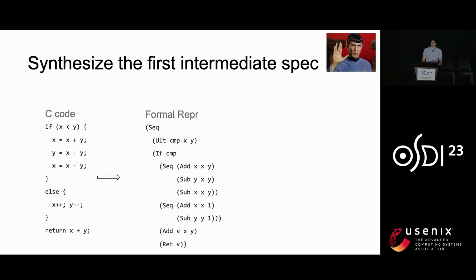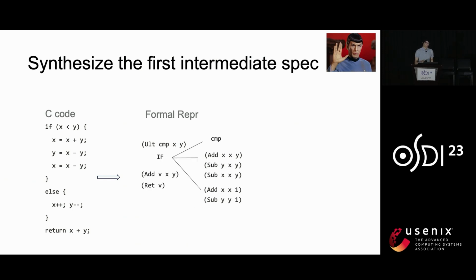But let's start from generating the first specification from the code. Assuming we already have the formal representation here, since the formal representation is well structured, the program logic actually forms a tree structure as presented here.